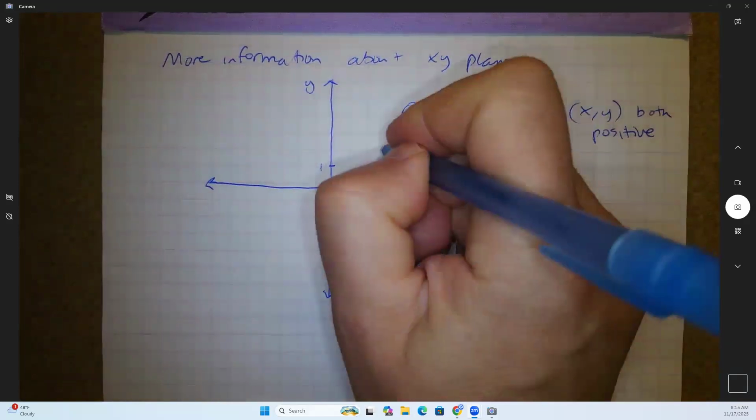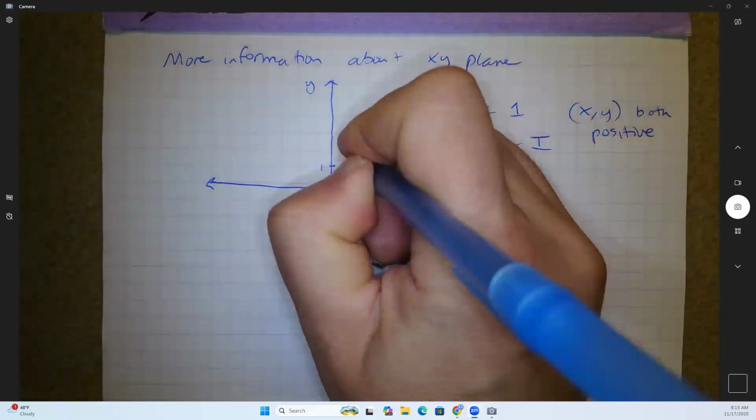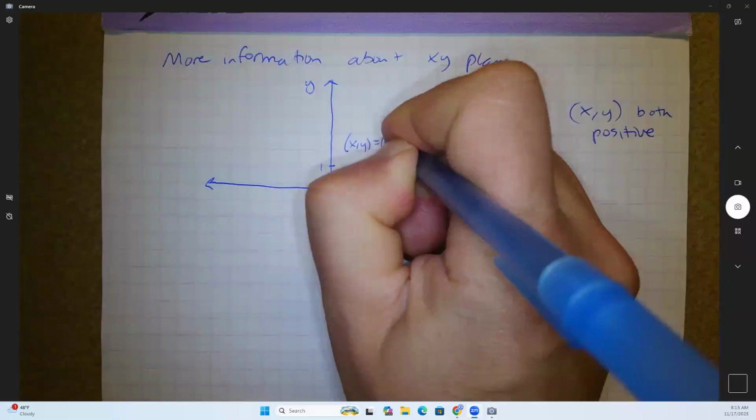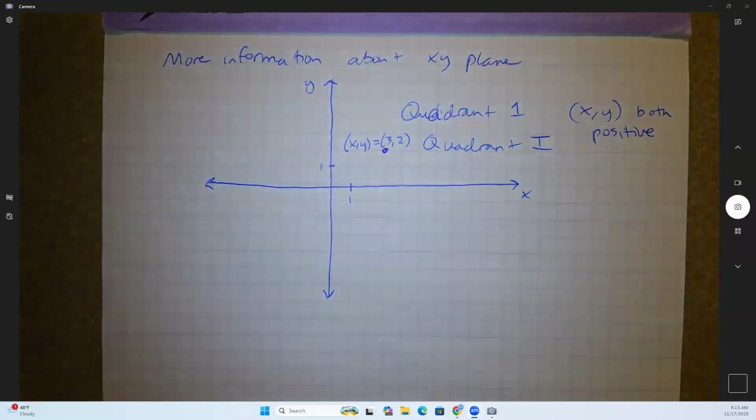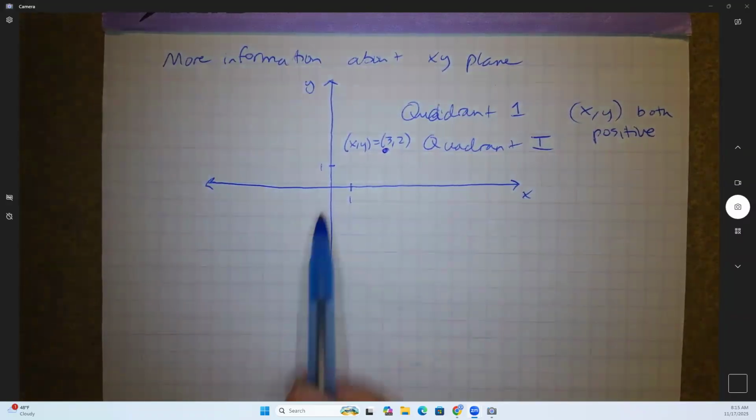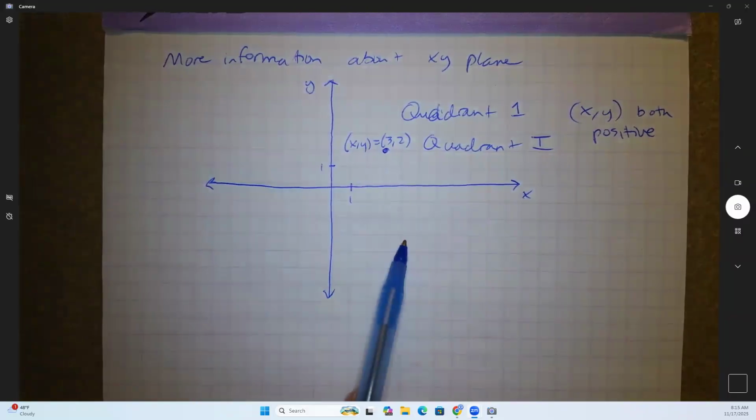All right, that first point we plotted right there, XY is 3, 2. Both the X and the Y are positive. And then we go around and find the other quadrants.